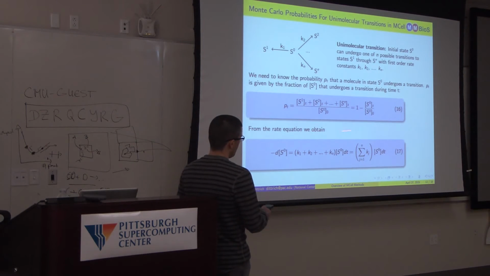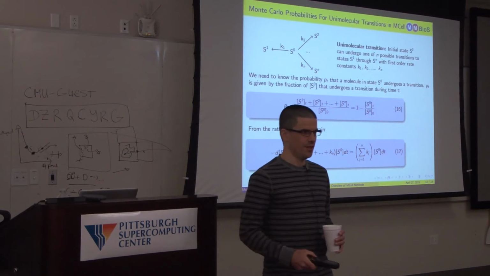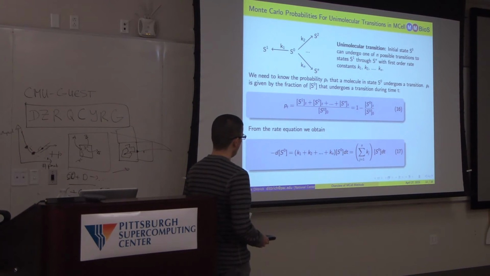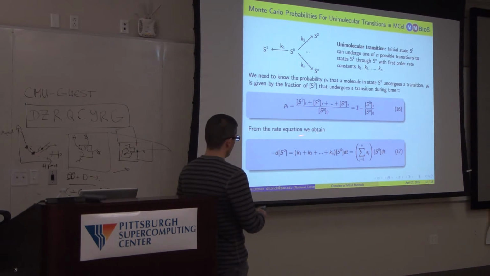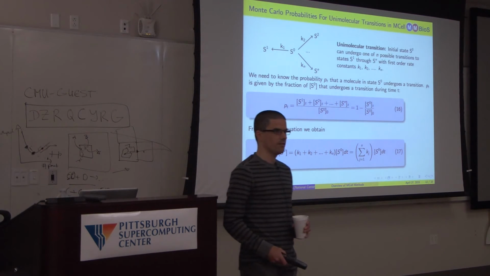This is the definition of this probability. That's what it is. And the question now is, how can we compute it based on the k values? We use this relationship. Based on the rate equations, you can compute that the change in the population of the state is due to all the transitions that are mediated by these k values times the concentration in this initial state, right?